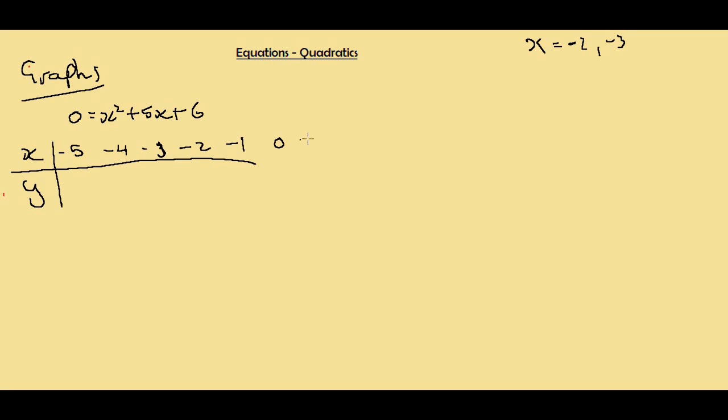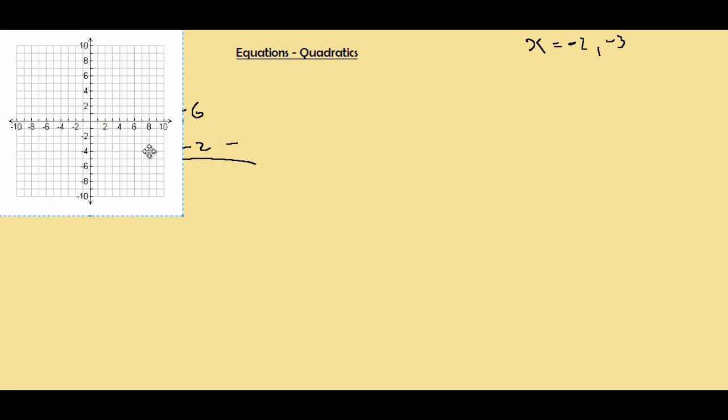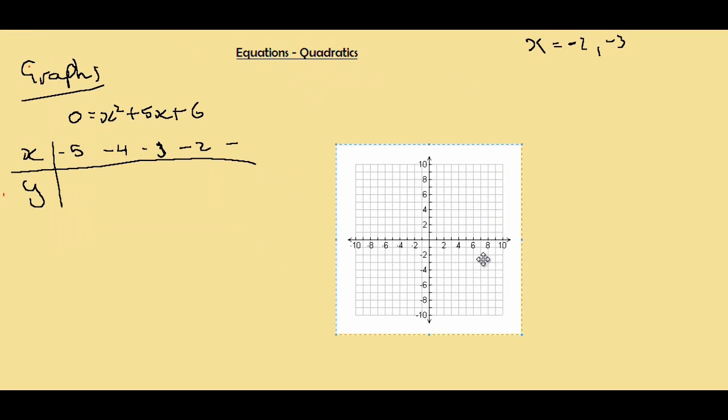Then we'll put the x values in and find the corresponding y values, so we can find all the coordinates and plot them on the graph. Let's plot a few actually.